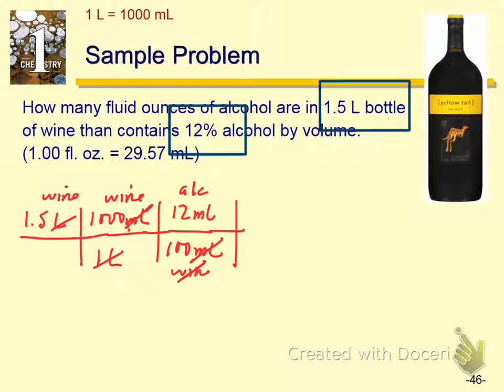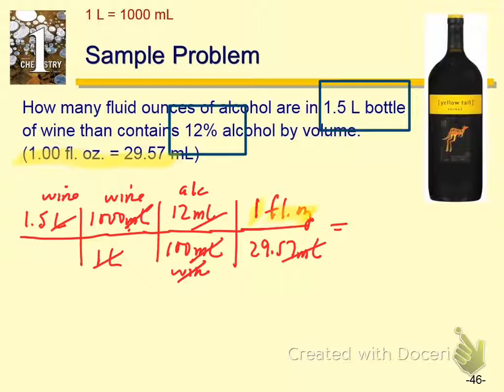But they're asking me for how many fluid ounces of alcohol, and so this is where I use this conversion here. That's not anything we had to memorize, but they gave us a conversion here. So I've got 1 fluid ounce is equal to 29.57 milliliters. Okay, and that'll give me fluid ounces.